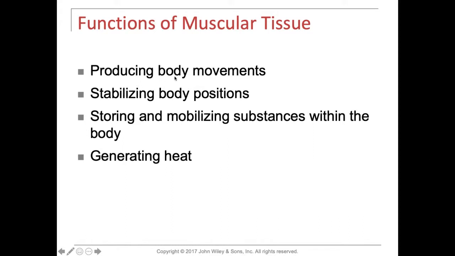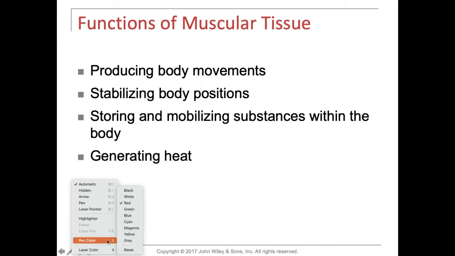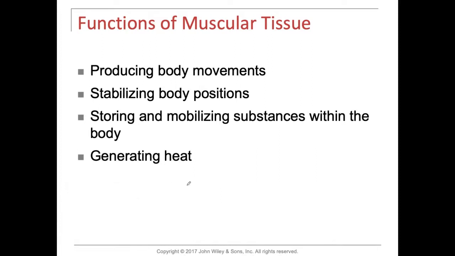Now, what is the primary function of skeletal muscle? Well, when it contracts, it provides movement. So what do we mean by contraction? When we use the word contraction, most students assume that we are referring to a shortening of a muscle.